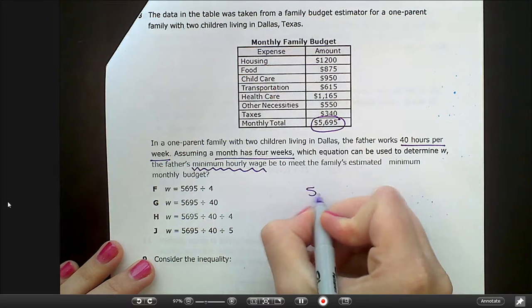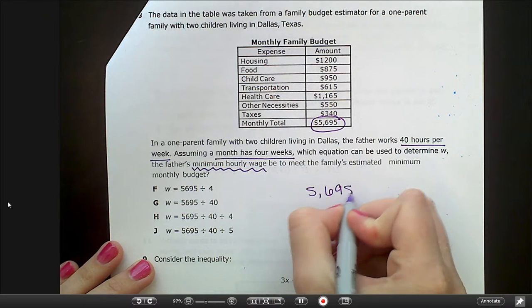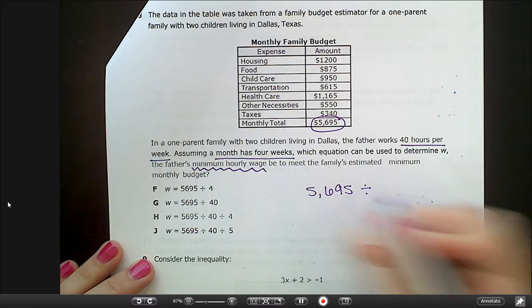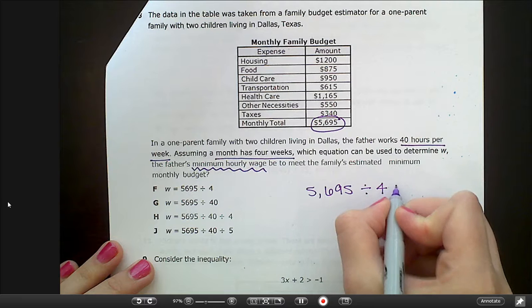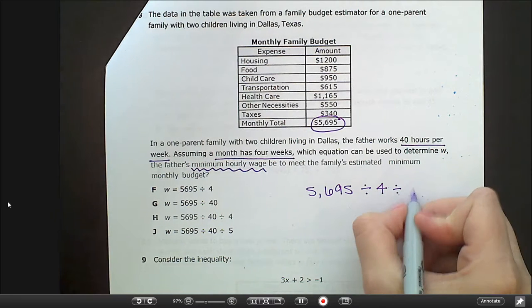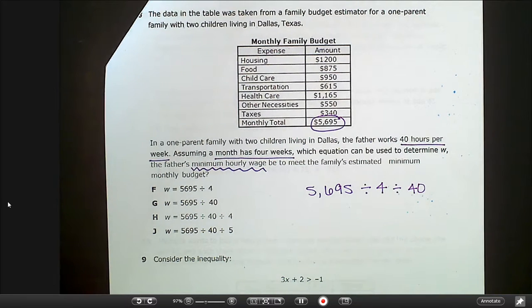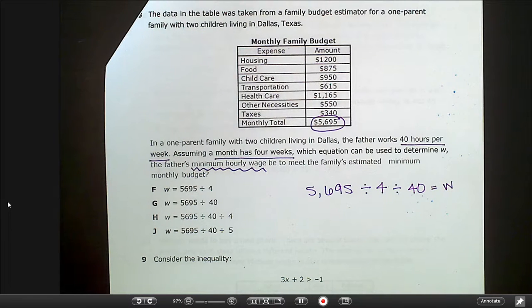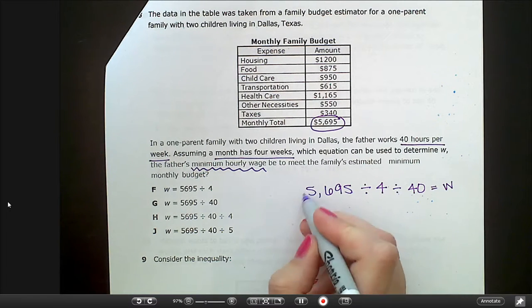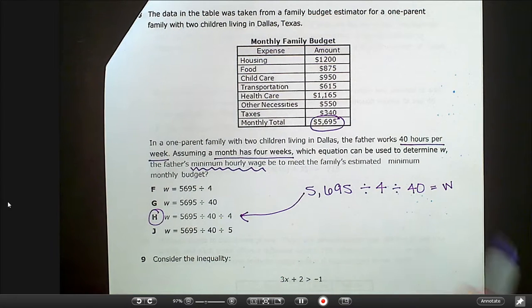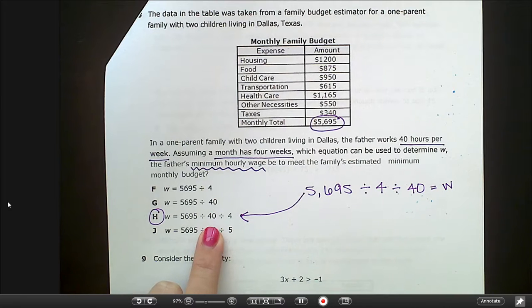Well, I'm going to take his monthly total and I'm going to divide it by the number of weeks, which is 4. And that'll give me his weekly salary, and then I need to divide that by 40 hours to see how much he needs to make per hour. And so that's going to give us H. It's okay that they divided by 40 first. It's the same thing.